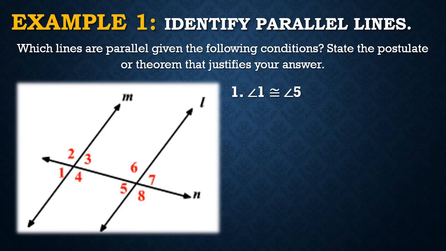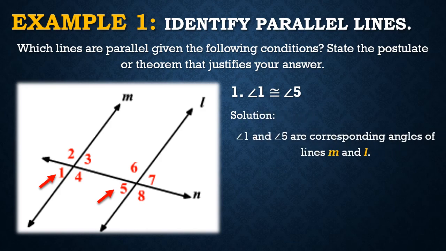Statement number 1. Angle 1 is congruent to angle 5. As you can see in the illustration, what is the relationship between angle 1 and angle 5? Solution. Angle 1 and angle 5 are corresponding angles. That's right.